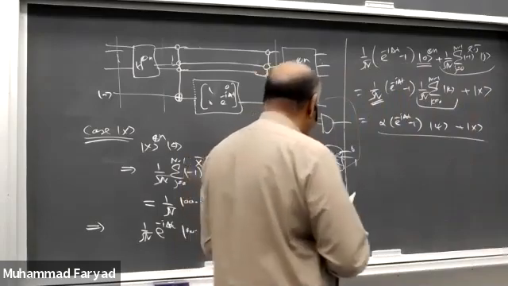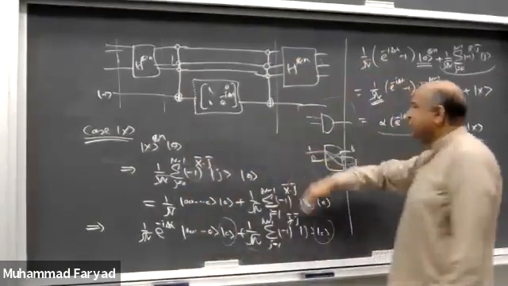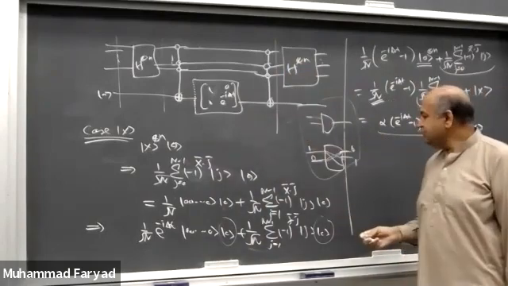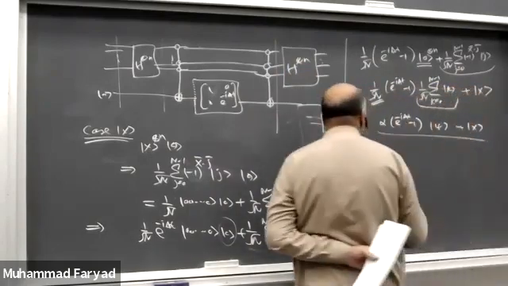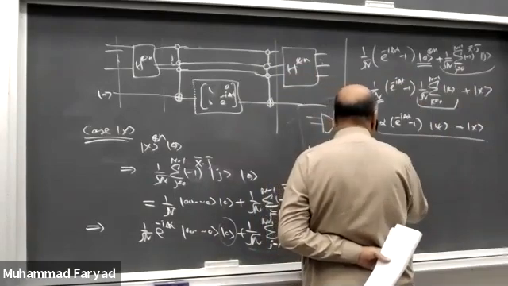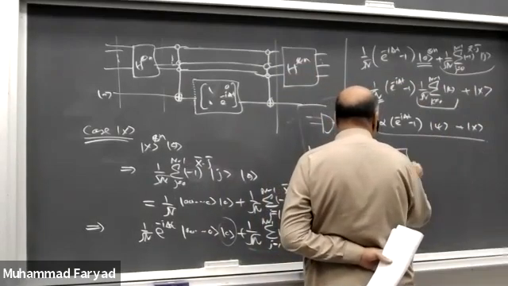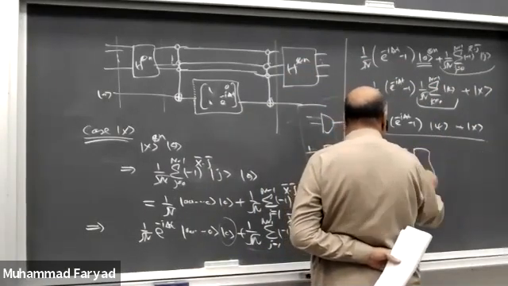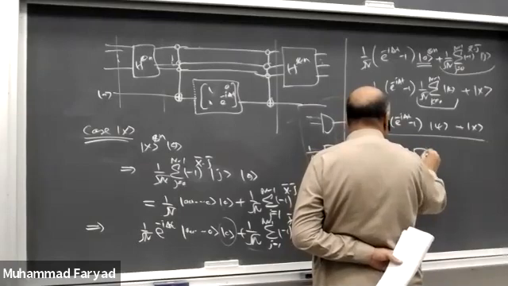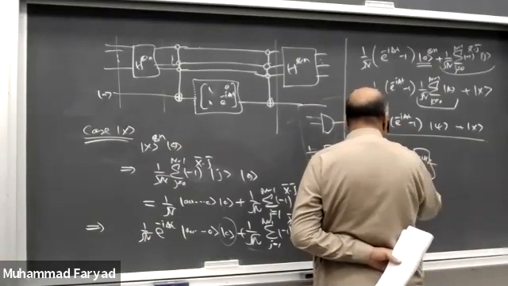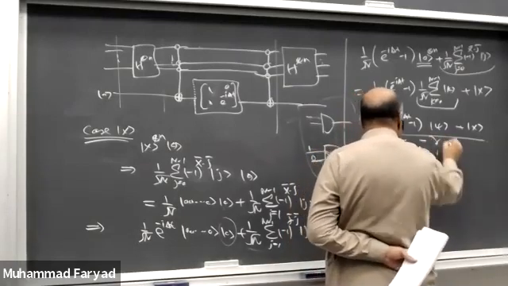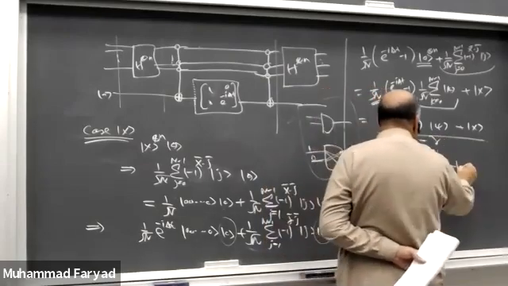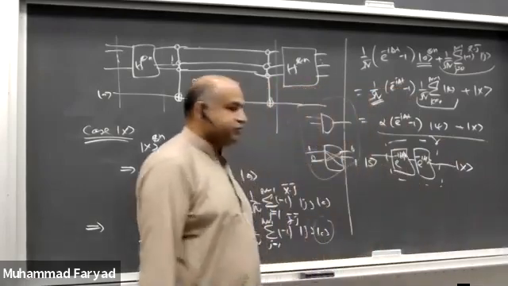Okay, so I'm skipping part of this: if the input is y, you can show that it does what we want it to do. Ultimately, now we have a circuit like this, with something that simulates h1 for time delta t and something that simulates minus h2 for time delta t, and then this happens r times, and our state goes from this equal superposition state to the state that we want at the output.